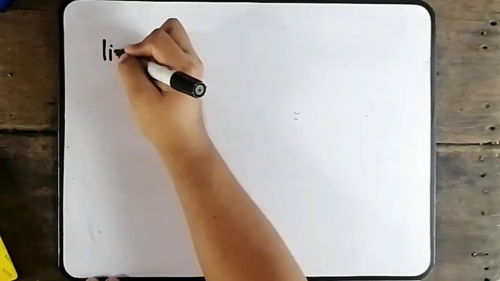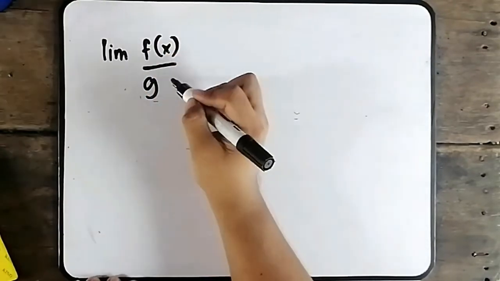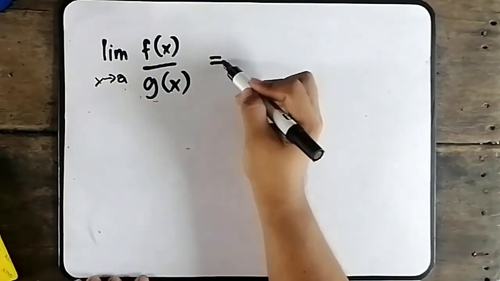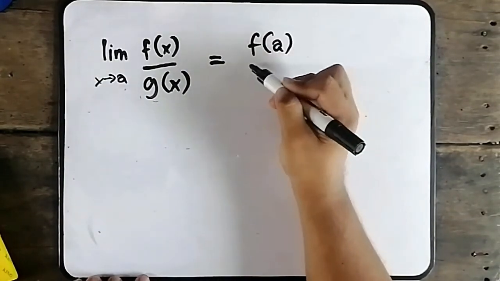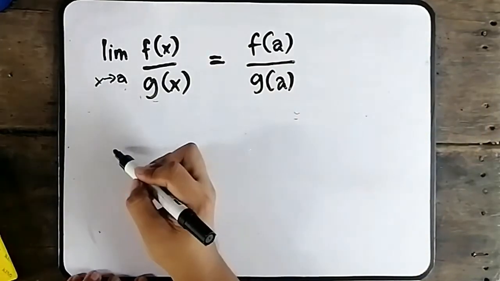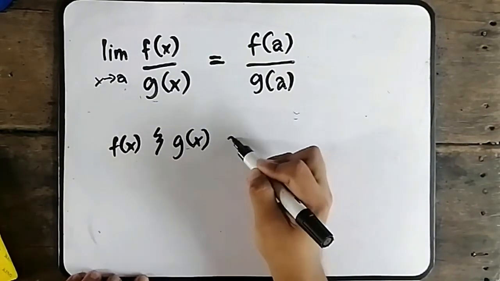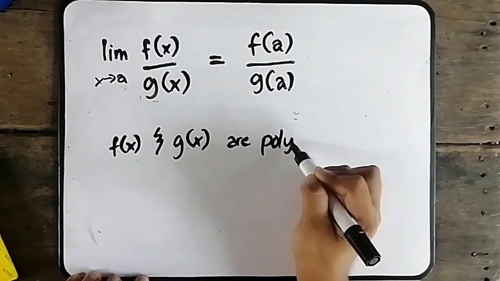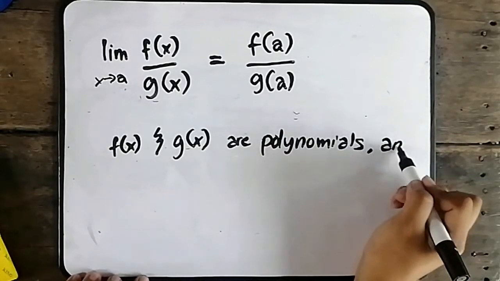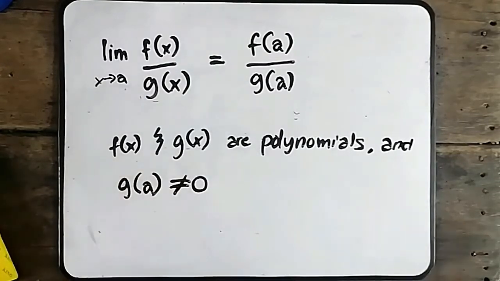So napansin natin that the limit of f of x over g of x as x approaches a is actually equal to f of a all over g of a, where f of x and g of x are polynomials and g of a is not equal to 0.